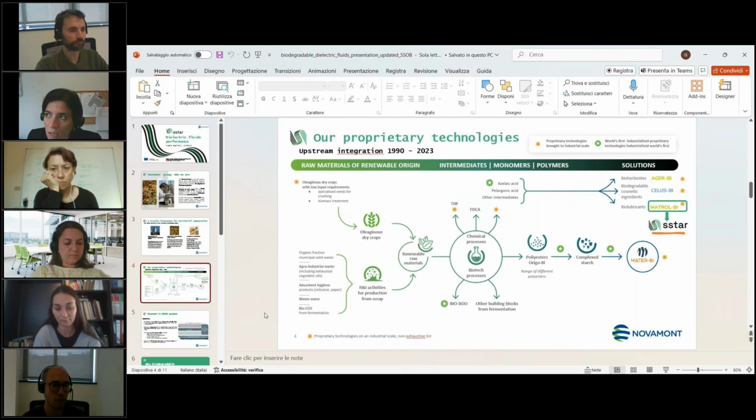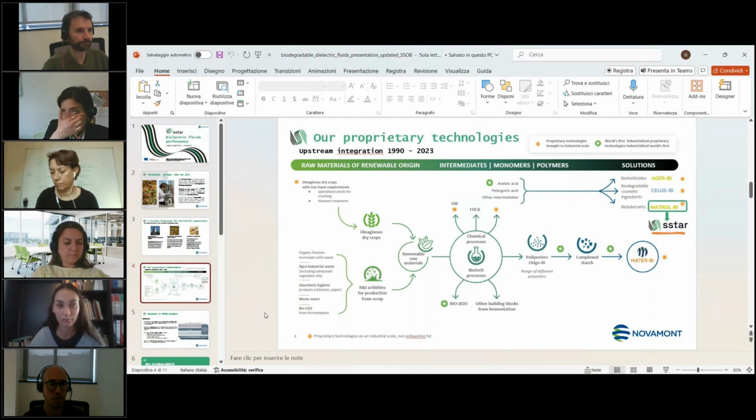Novamont tries to leverage the exploitation of biodegradable materials. So we have a production of biomasses which are transformed with two main processes: a chemical process and a biotechnological process.